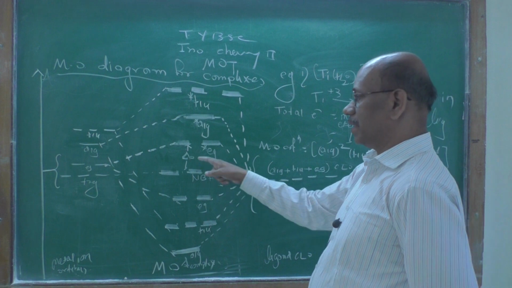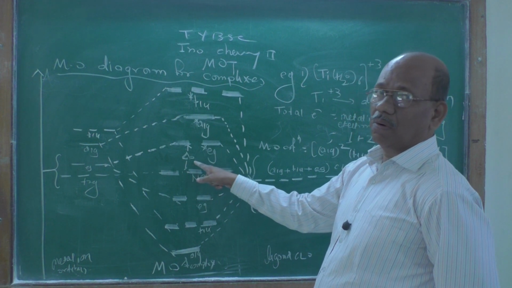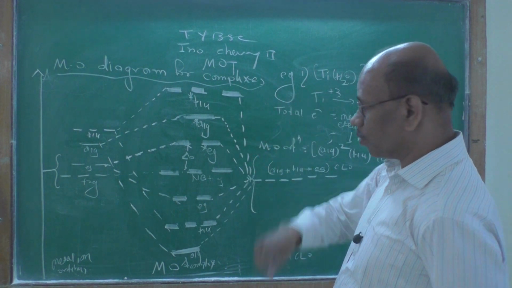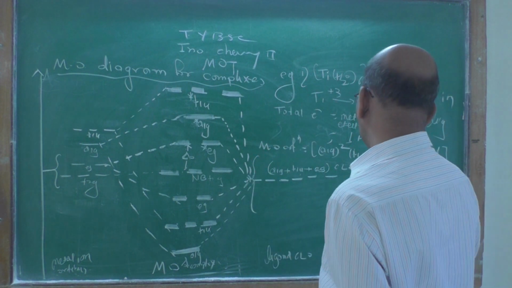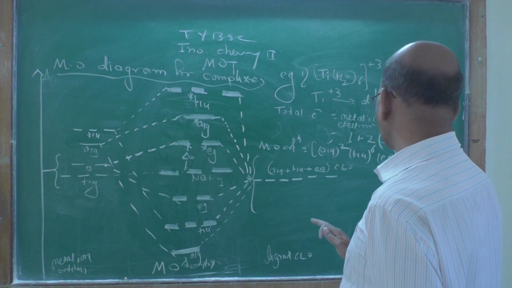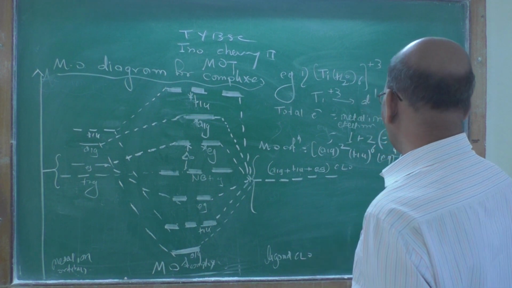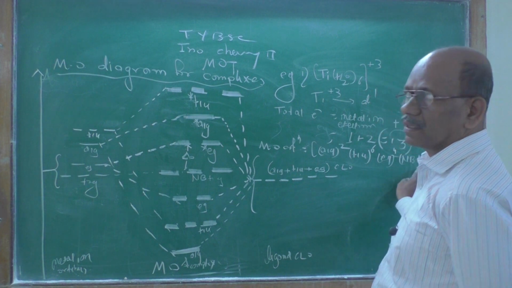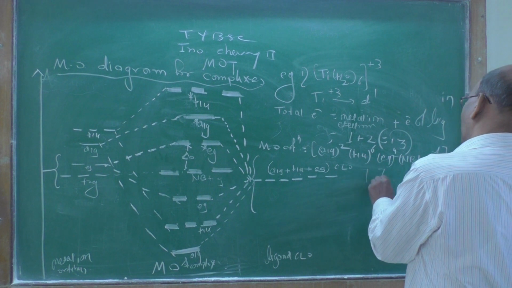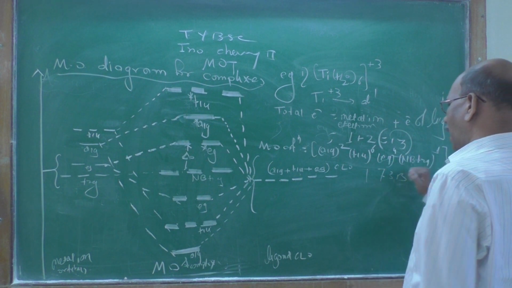That's why delta O is equivalent to 10 Dq, and therefore we can explain high spin and low spin complexes. One unpaired electron is there, so it is paramagnetic, having magnetic moment 1.73 Bohr magneton.